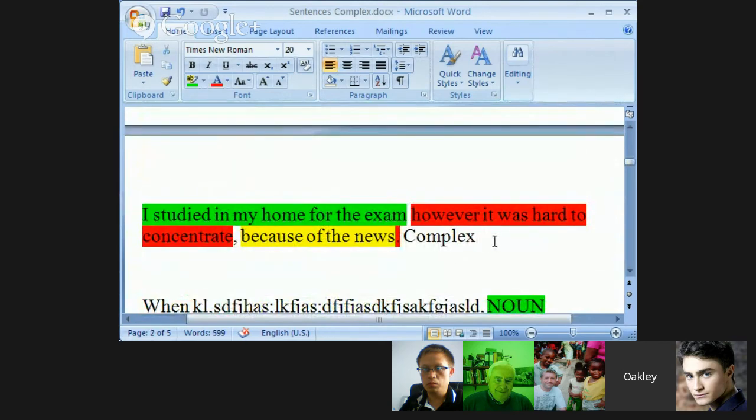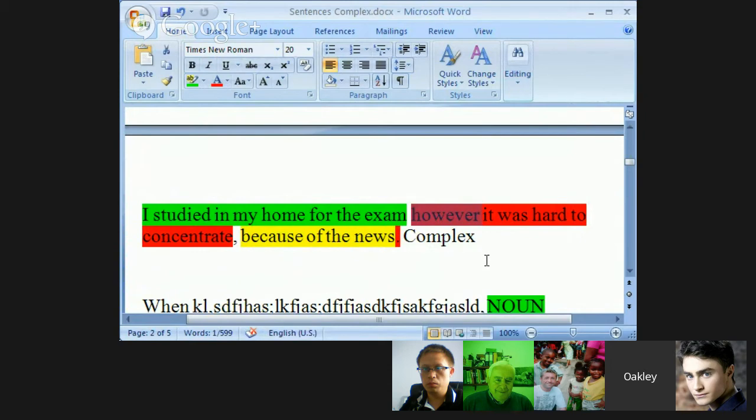Okay, so going back to Mustafa's example. An interesting point here: by changing a little punctuation around, changing the function of "however" and moving my punctuation, I can make a complex sentence a compound-complex sentence.